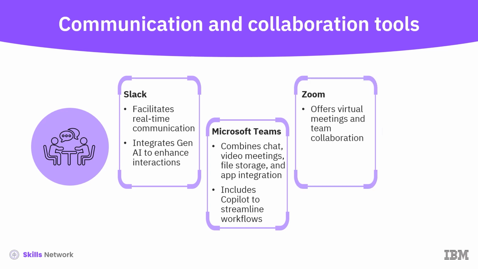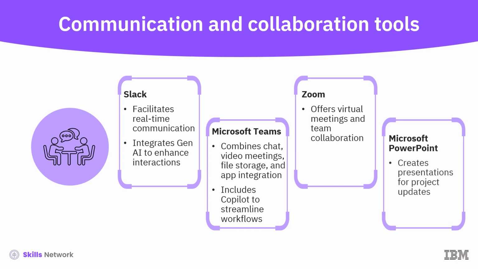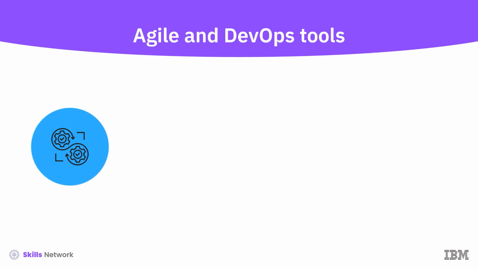Zoom is essential for virtual meetings and collaboration, especially for remote teams. Microsoft PowerPoint is a key tool for creating presentations to share project updates, requirements, and findings, effectively communicating information to stakeholders.